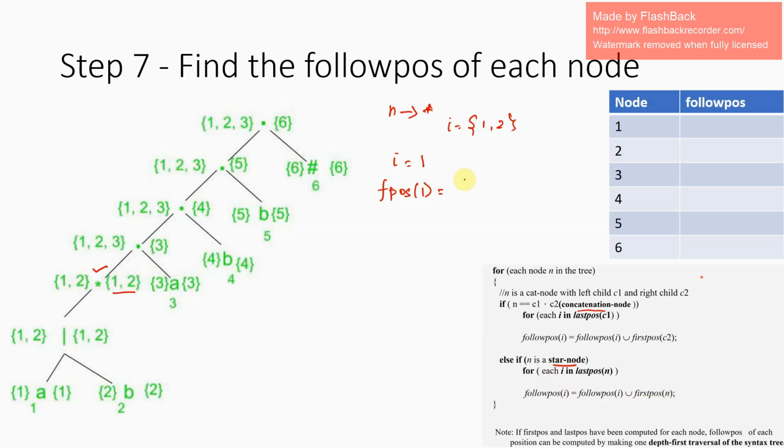So the follow position of 1, I still didn't find, so it is empty. Okay. Then what is the first position of the star? You need to consider the first position of the star, which is 1, 2. So the follow position of 1 is 1, 2.